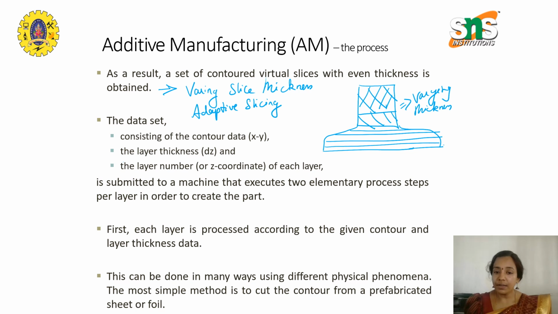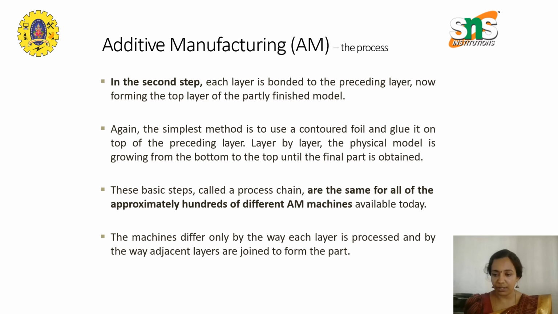First, each layer is processed according to the given contour and layer thickness data. This can be done in many ways using different physical phenomena. The simplest method is to cut the contour from a prefabricated sheet or foil. So we are slicing the design and manufacturing the design.